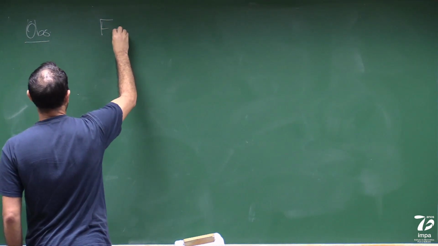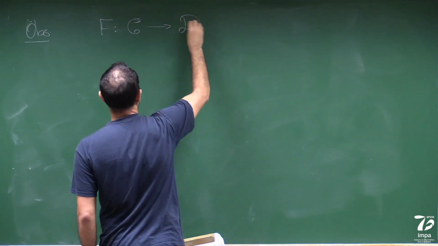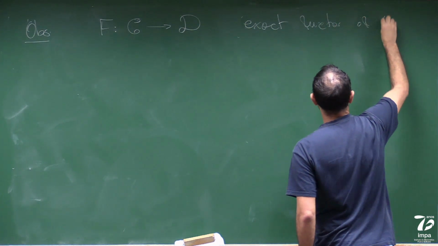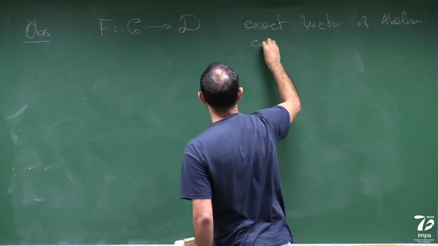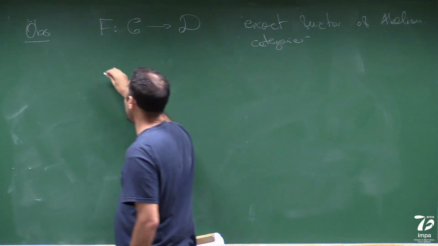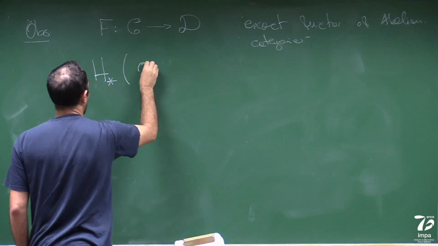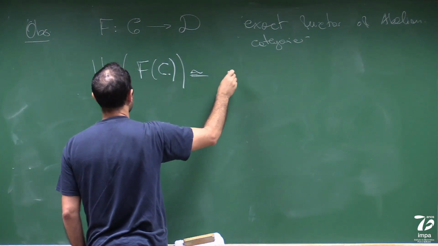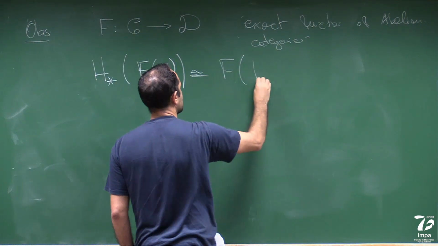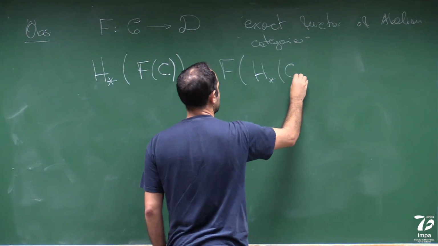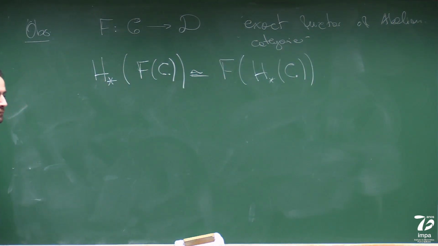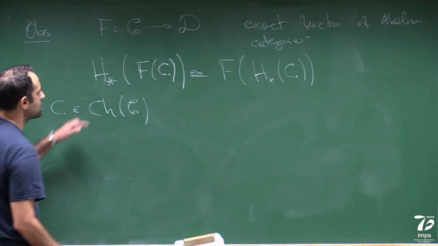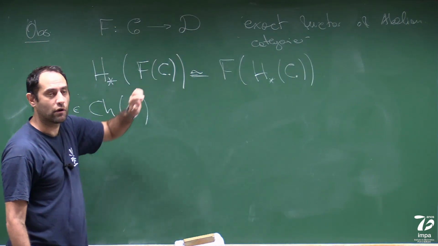If you have an exact functor F of abelian categories, then if you take the homology of F applied to a complex C, it's naturally isomorphic to F applied to the homology of the complex C. Here C is a chain complex in the category C. So this is a graded object in the category D, or just do it for every n.